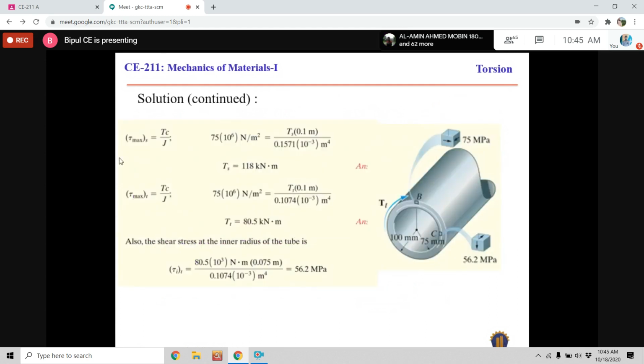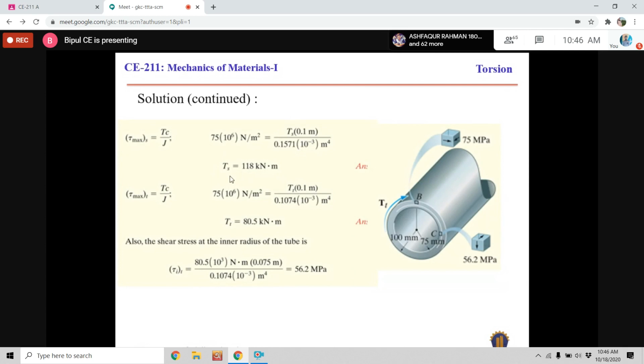The equation of maximum stress is Tc by J. The maximum stress is 75 times 10 to the power 6, to convert into Newton per meter square, and C is 0.1, and J we have already known. After substituting all values here, the value of T is this.